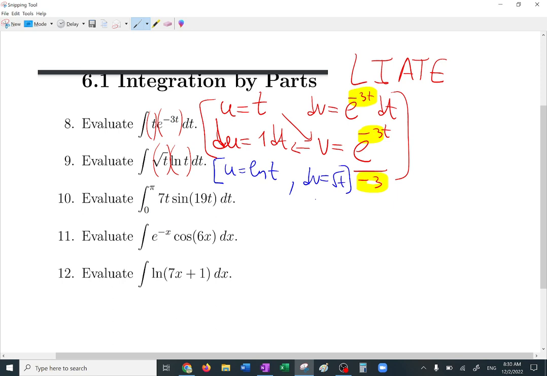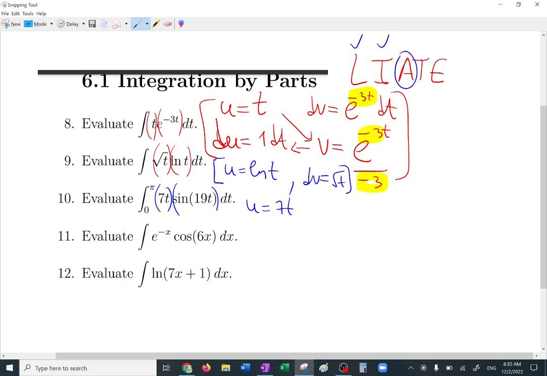How about 7t and sine 19t? Again, if t squared was inside, that is u substitution. But it's not. So I will have 7t multiplied by sine. Two functions have no correlation with each other. What should I choose for u? 7t. I don't know. Let's check. It's not log. It's not inverse.